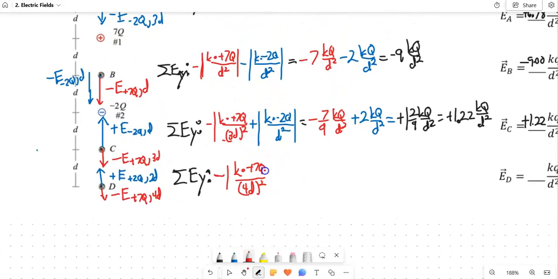Make sure that looks like a Q. Plus k times a negative 2Q all over a distance 2D away. So this one's going to have some fractions here.